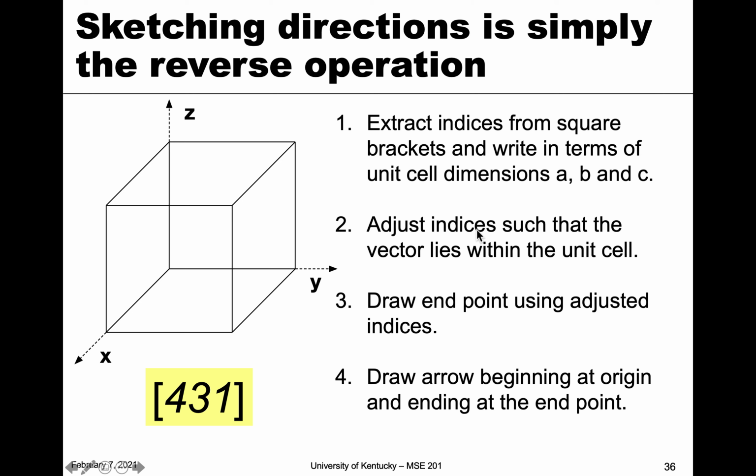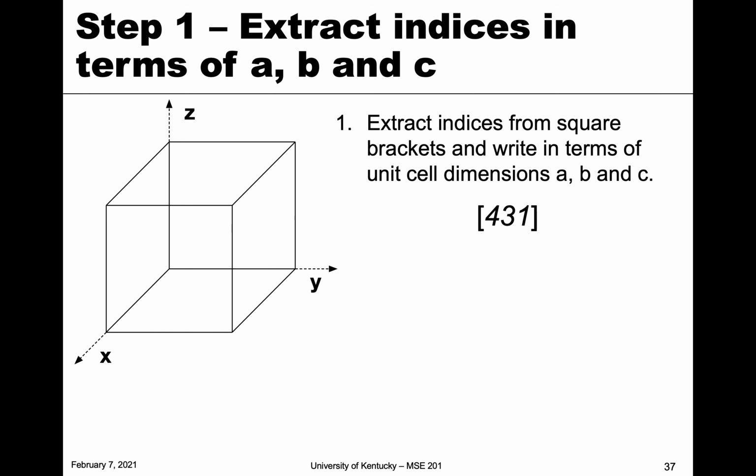We're going to adjust the indices so that they fit within the unit cell if they do not already. Then we're going to draw the endpoint of that adjusted index, and then draw a line from the origin to the endpoint. So this is the reverse of what we've just done in the previous modules.